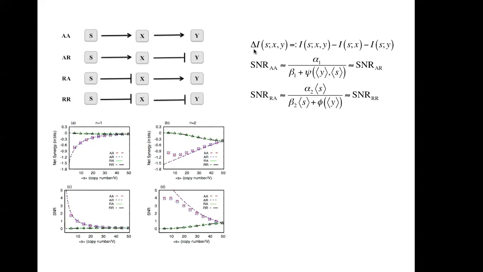When it is greater than 0, we say it is synergistic. Synergistic means X and Y are acting synergistically together for S. And if it is negative, that means either X or Y is redundant in interacting with S.